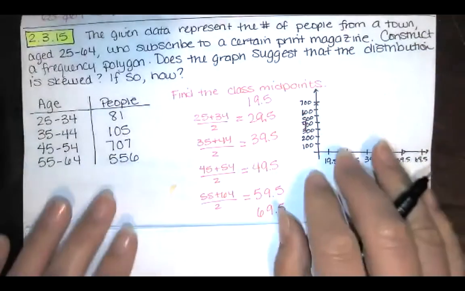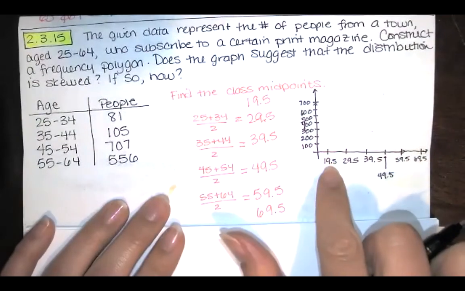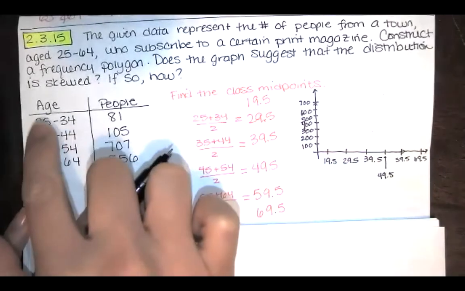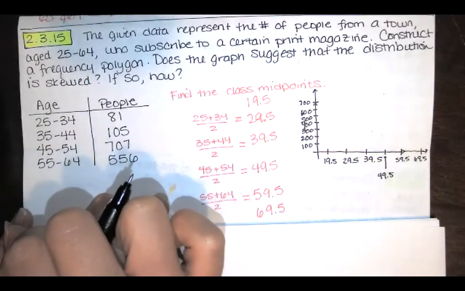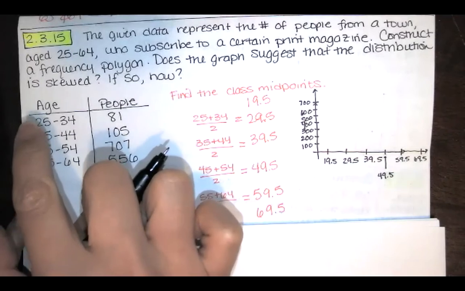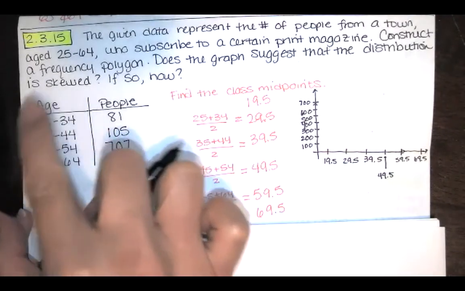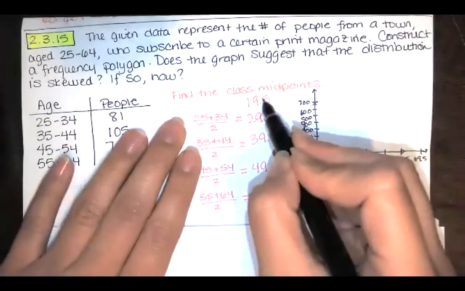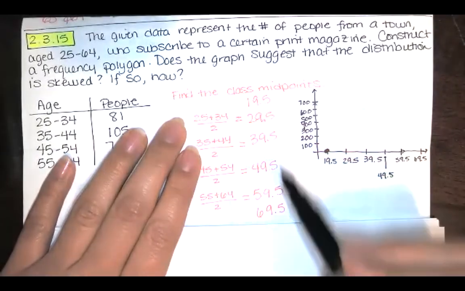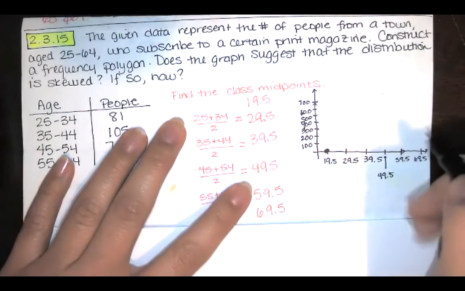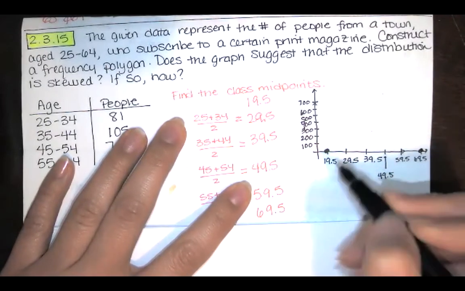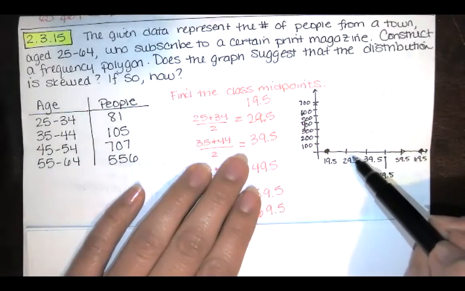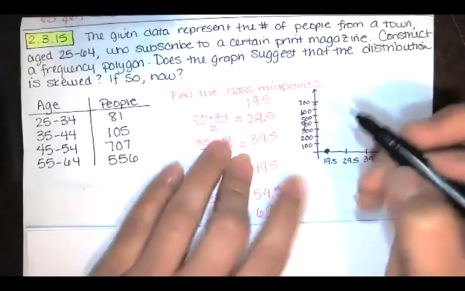Okay. In the 19.5 category, where we have that as our class midpoint, that would correspond to the ages 15 to 24, and that wasn't on this chart. So we will start with 0. We always start with 0, and we add this point at the beginning and this point at the end so that we start and end at 0. For the class represented by the class midpoint 29.5, there were 81 people in that class.